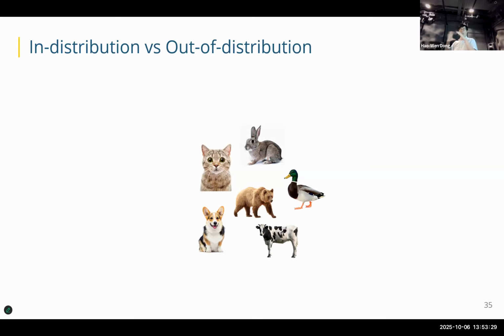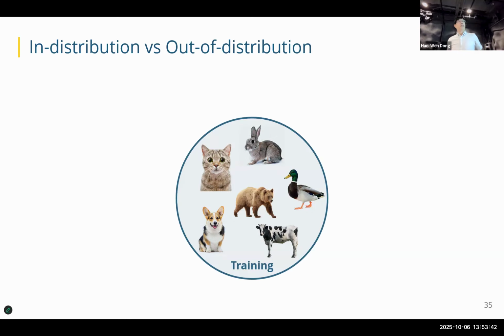So oftentimes when you are trying to model a task with deep learning, you always need to think about what's in your distribution, what's out of your distribution. So think about if you want to do an animal classification, this could be your training set where you have all the standard images of animals.